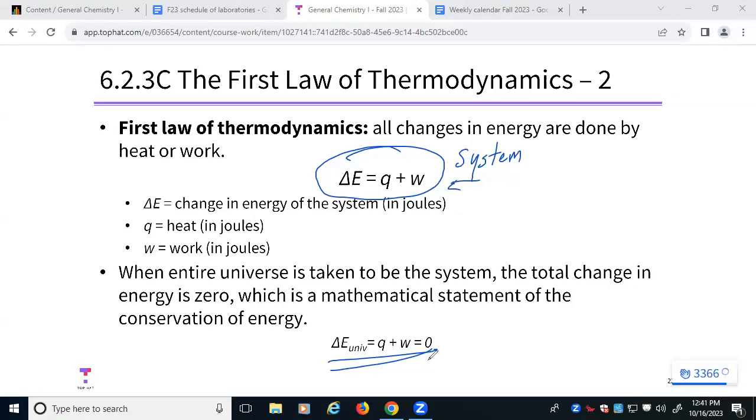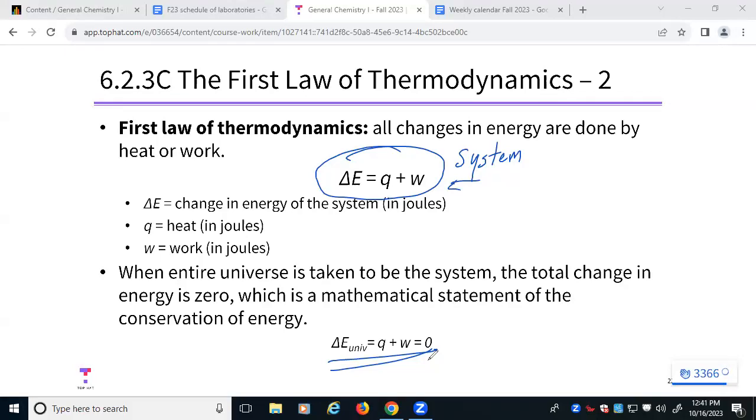Now that's a long and complicated way of basically describing the law of conservation of energy. And that's really what the first law of thermodynamics is. It's the law of conservation of energy in a reaction system, in any kind of system: energy can neither be created nor destroyed.